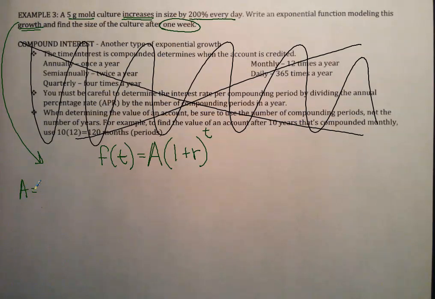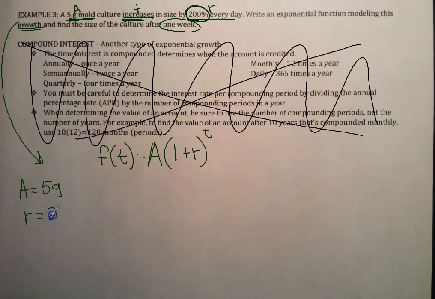What is our initial value of mold here in this example? Excellent, it's the 5 grams. Okay, that is our initial value. How about what is our rate? Our rate of growth or decay. Okay, so it increases, so we should know it's positive, and 200%, that's our rate.